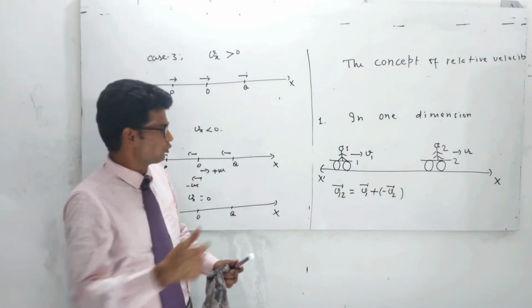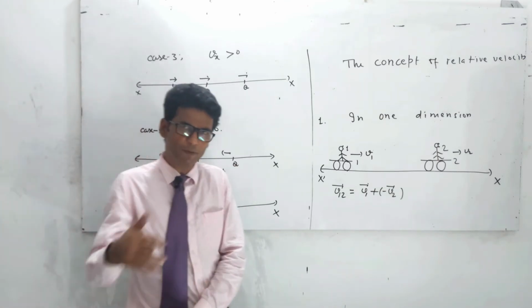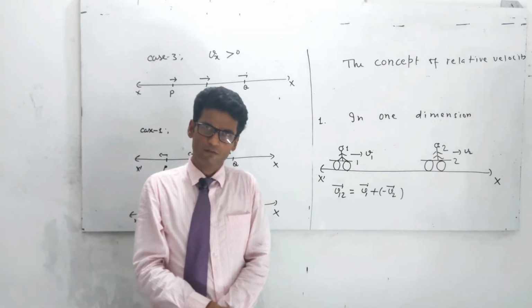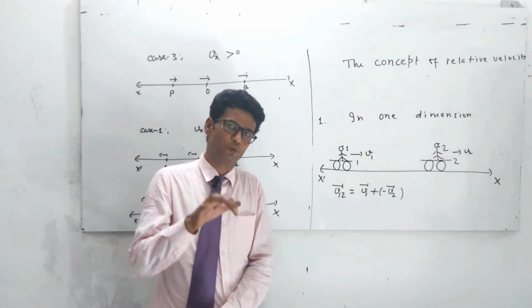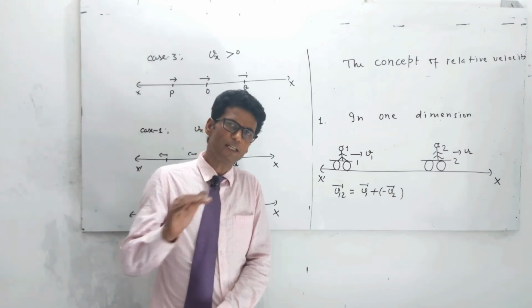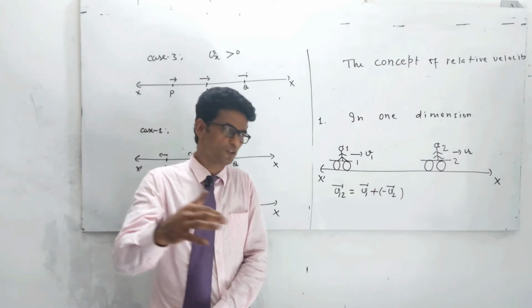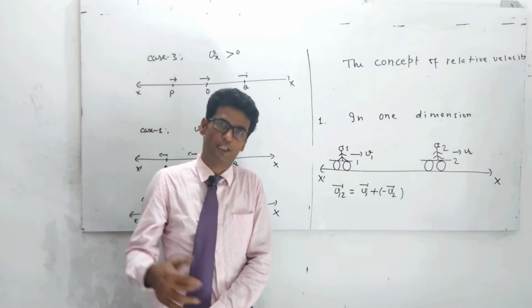Look at the trigonometrical method. In the trigonometrical method, what do we do? Firstly, we take the angle made by the vector from the positive direction of the horizontal, here the x-axis, in anticlockwise sense.